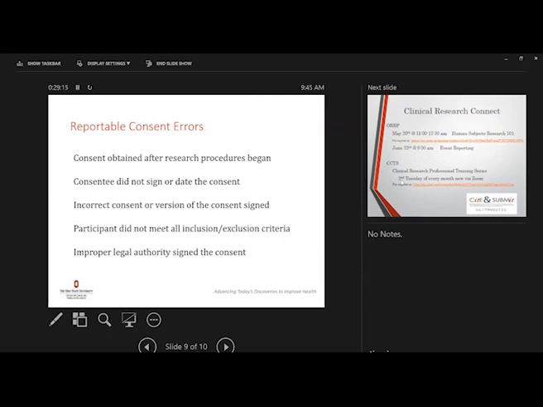You want to have an interaction with the participant or the parents to make sure that there is a give and take as far as the information that is being discussed, so that when you disclose it to them, they have an understanding. These are sometimes referred to as some of the soft skills of doing consent, where you are actually paying attention to the participant and you're reading their verbal cues or their nonverbal cues.